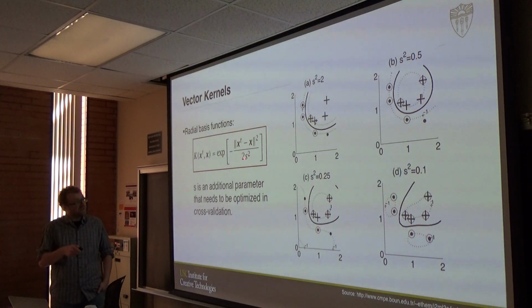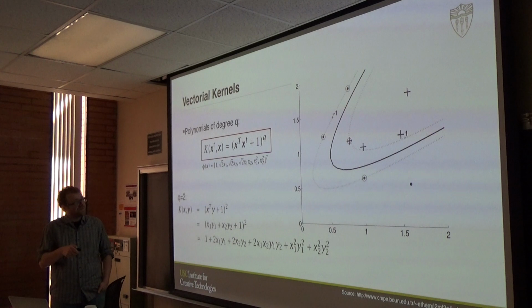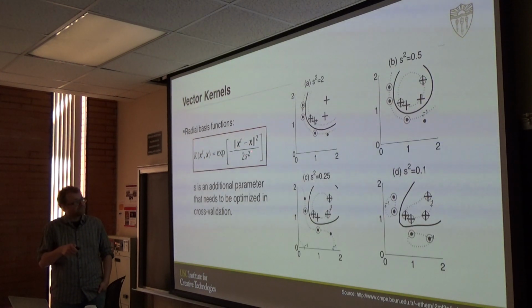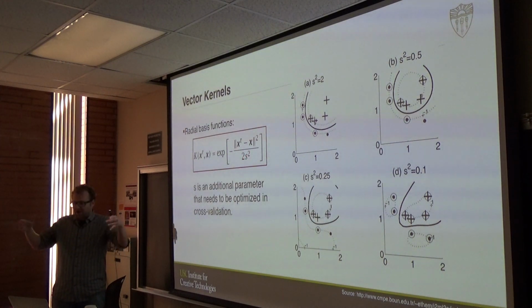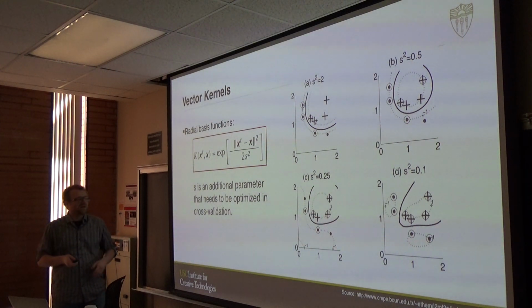And now we have an additional parameter instead of the q before, but this is a hyperparameter obviously. It defines how wide or how rapidly this radial basis function goes down.